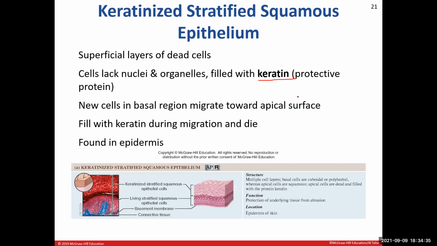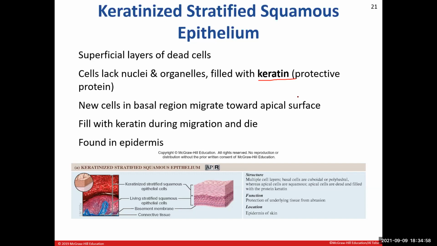Think about it: as the cell starts to fill up with that protein, it's going to start to kill off the organelles. If we started to destroy your internal organs, what do you think would happen to you? You would die. Same thing happens to your cell. Once the organelles are destroyed and the nuclei, the control center, is done, then the cell's dead.